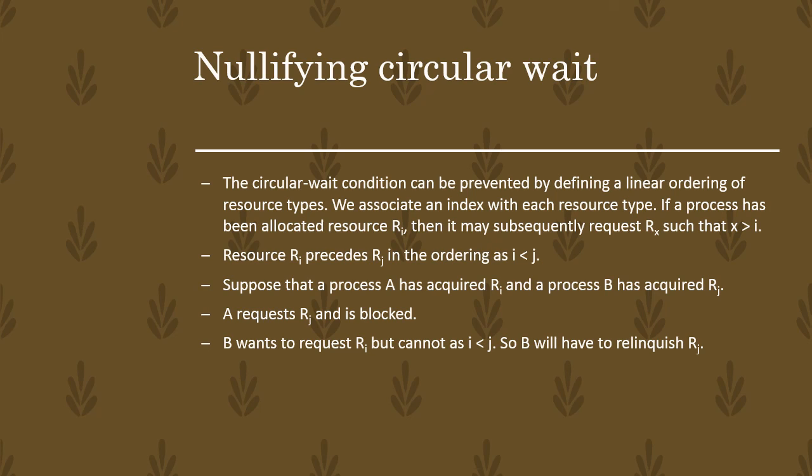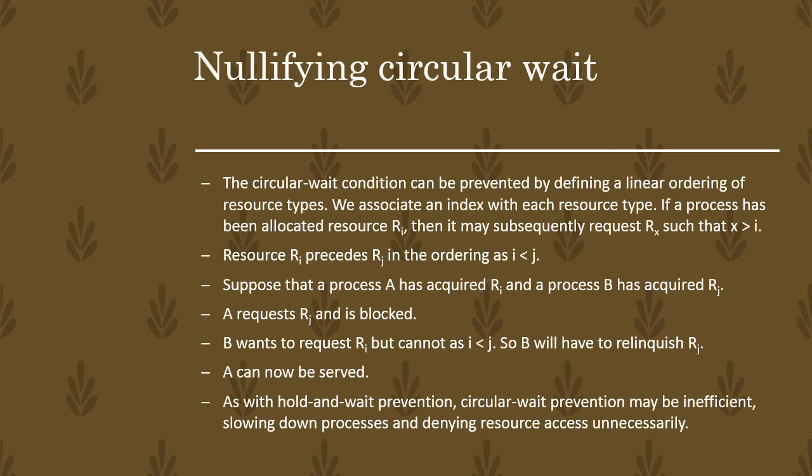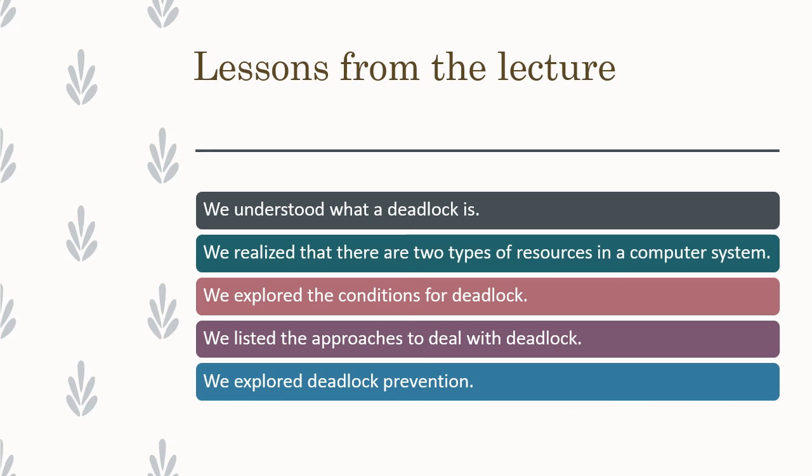It cannot ask for a resource prior to j. It can only ask for resources successive to j. So B will have to relinquish Rj. A can now be served. As with hold and wait prevention, circular wait prevention may be inefficient, slowing down processes and denying resource access unnecessarily.